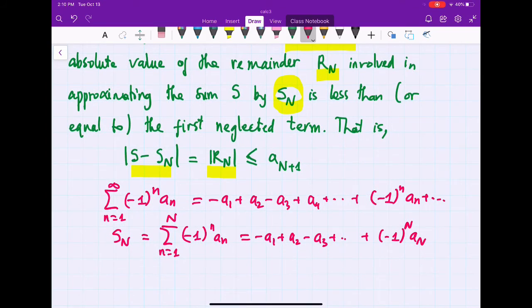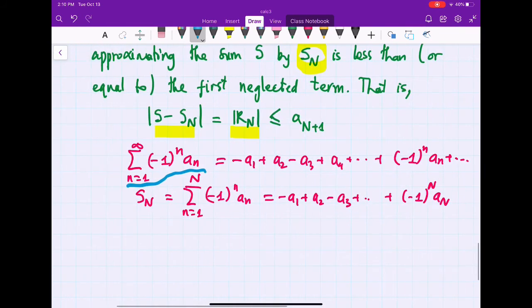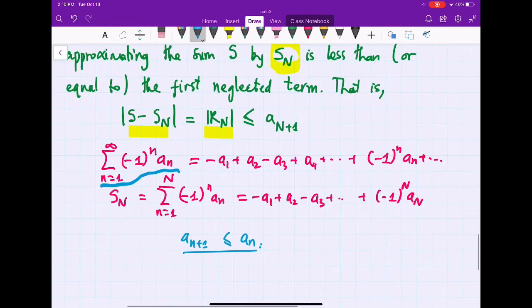If our series right here satisfies the condition a_{n+1} less than or equal to a_n, okay, you see this condition in the alternating series test. But we have a lot of alternating series, and we have the alternating series test to test whether a series is convergent or divergent.